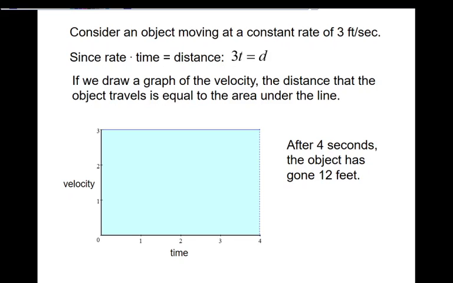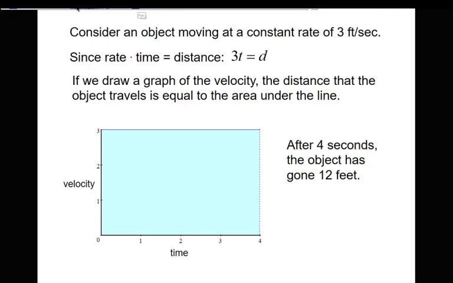Velocity is normally change in distance over change in time. So if we rewrite it in terms of how to find distance, it's your rate times time. So this rectangle here represents a constant rate of 3 feet per second.